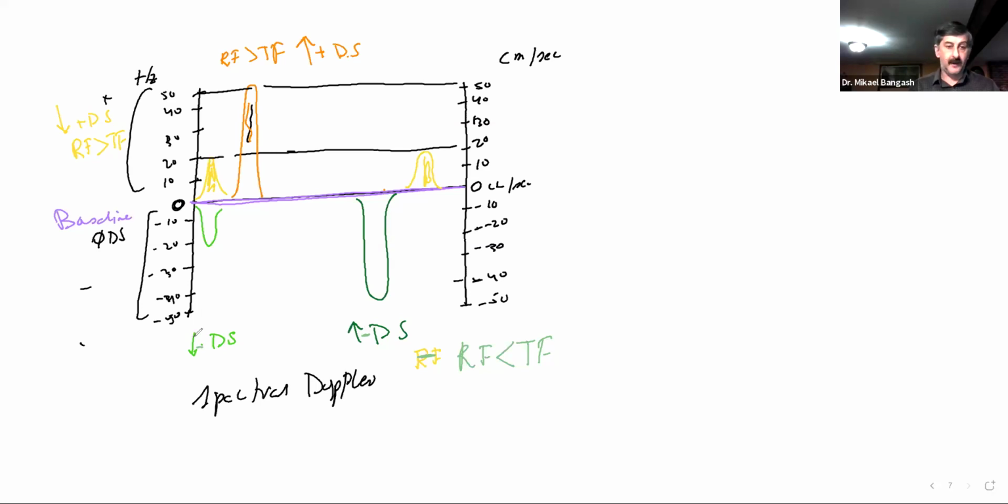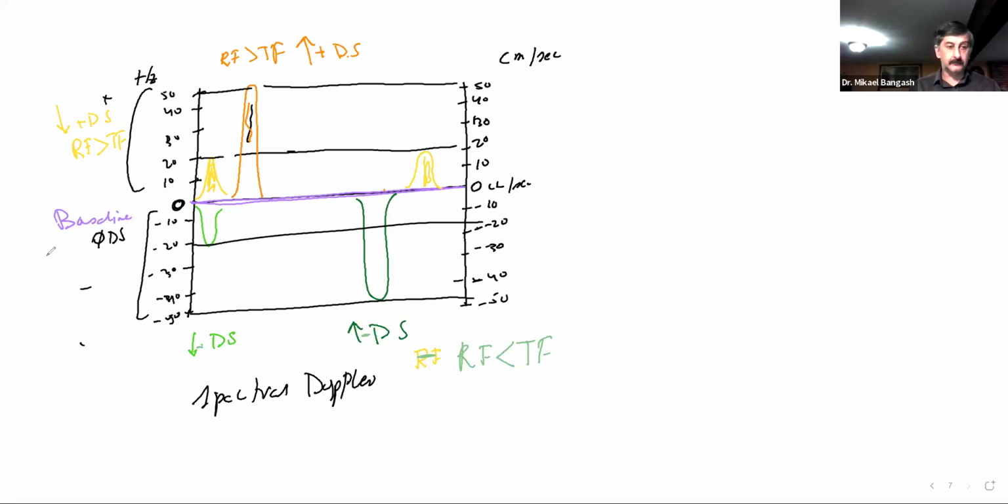Here there is a lesser difference, and here a greater difference between the two frequencies, which translates into a small Doppler shift frequency, recorded as a lower speed, or a greater Doppler shift, which is a greater speed, but they will both be negative.